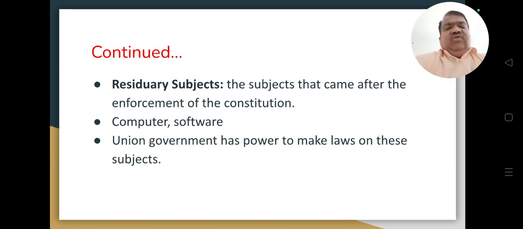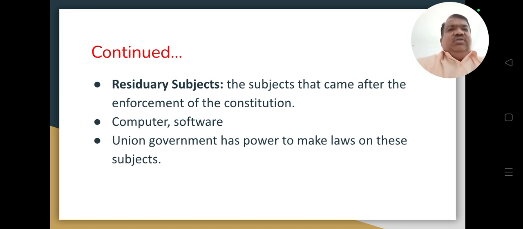And our forefathers, the framers of the Indian Constitution, were very talented, and they foresaw that there may be other situations in the future. Subjects may appear later in the future of our country, which we do not know. They have made some arrangements for those things also.